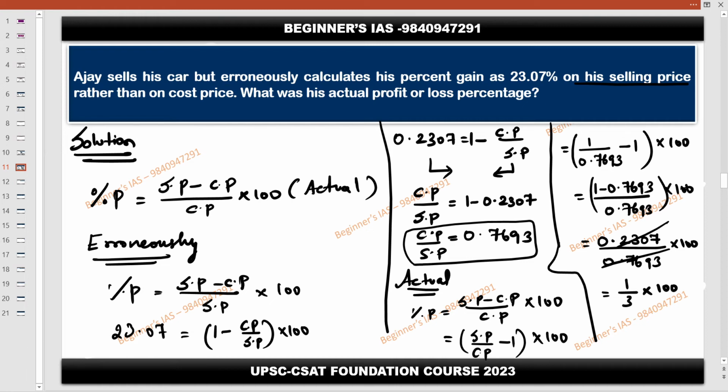2307. 3 times means 6921. 3 times means it's not coming, na?